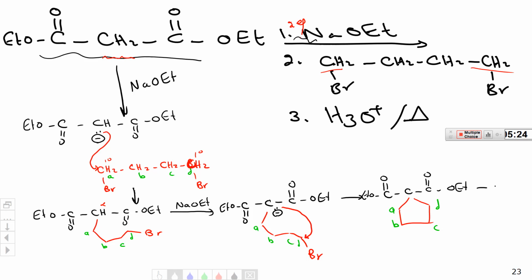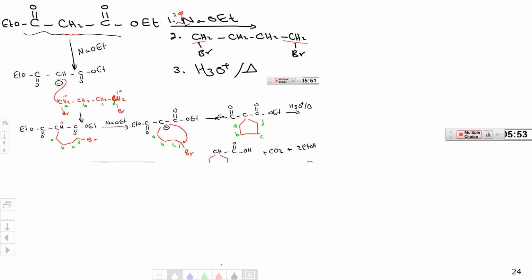Now adding H3O plus heat, the usual is the loss of ethanol plus CO2, the usual, then one carboxylic acid, and its alpha carbon, which I'm drawing in the same color with an H. So the end result of this is a cyclic compound, and another way to draw it, if you'd like to, is to draw it this way.